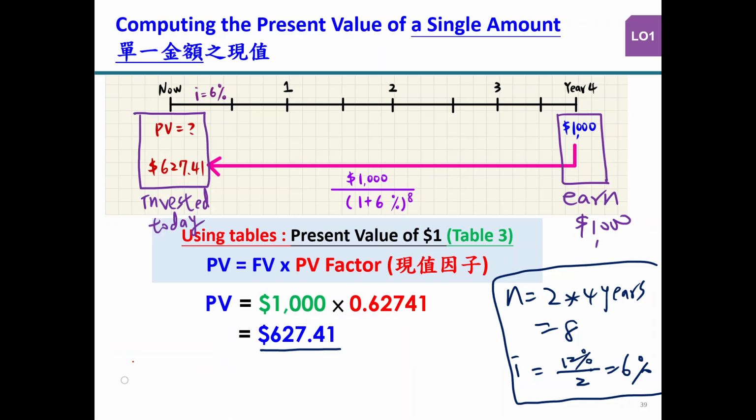So I find out the interest I can earn is $1,000 minus 627.41. So you find out it should be 372.59.